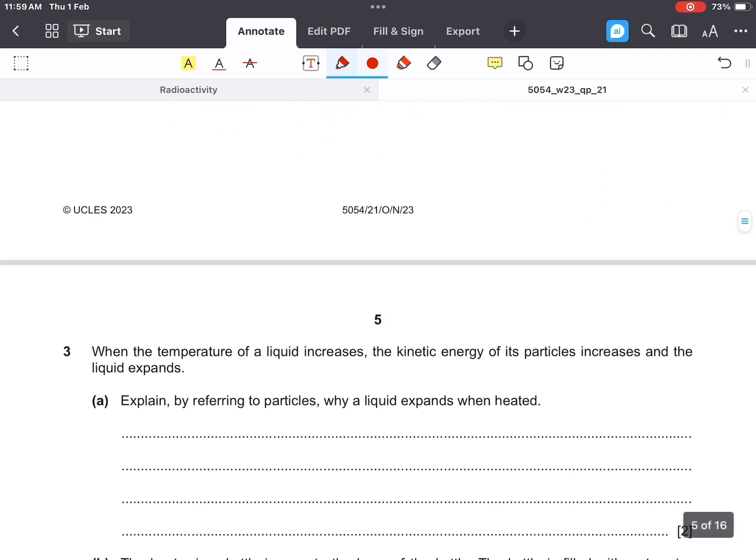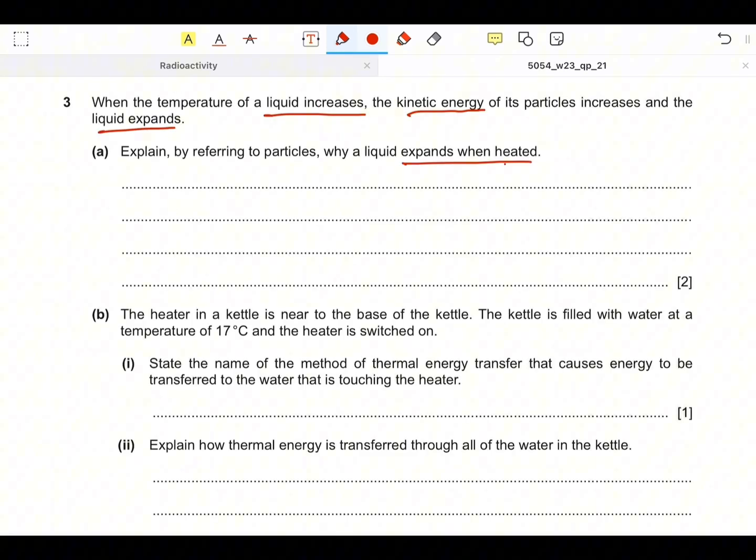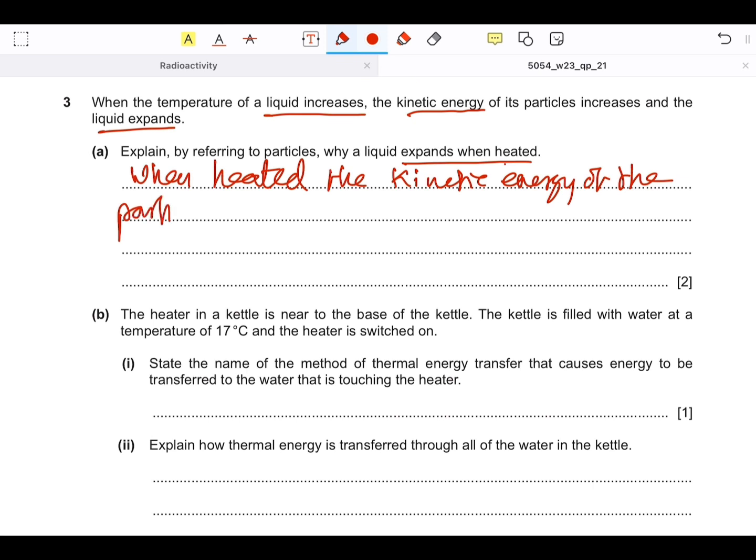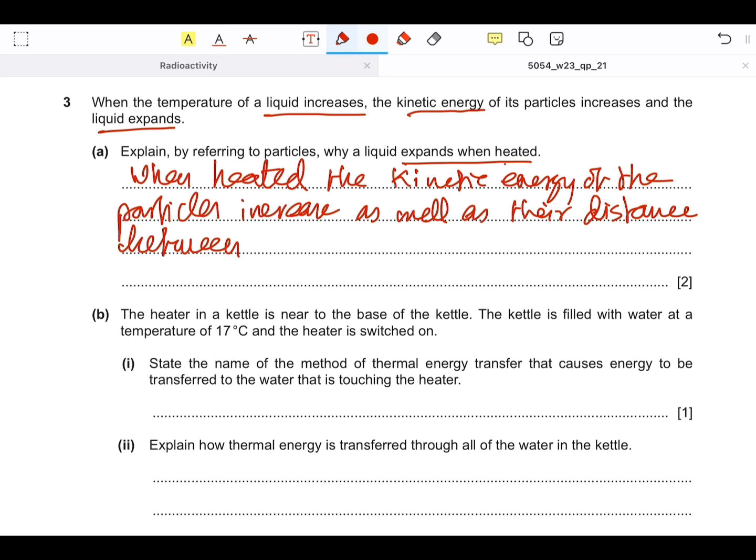Next question. Okay, next question is: when the temperature of the liquid increases, the kinetic energy of the particles. So referring to particles when heated, the kinetic energy of the particles increases as well as their distance between particles.